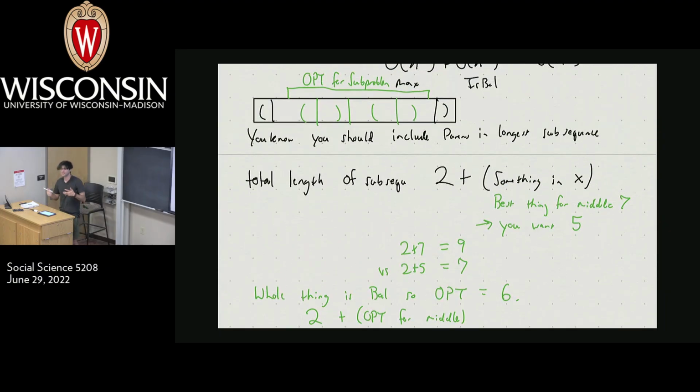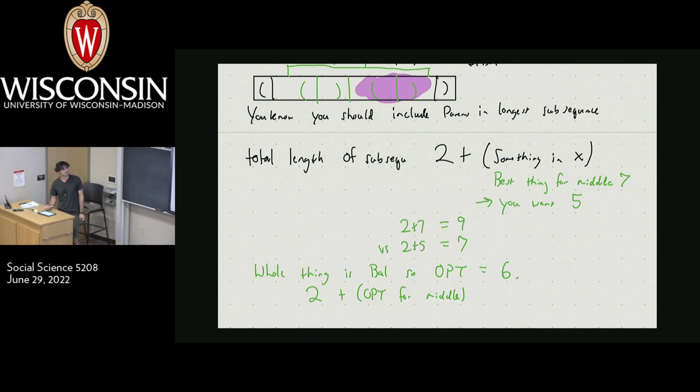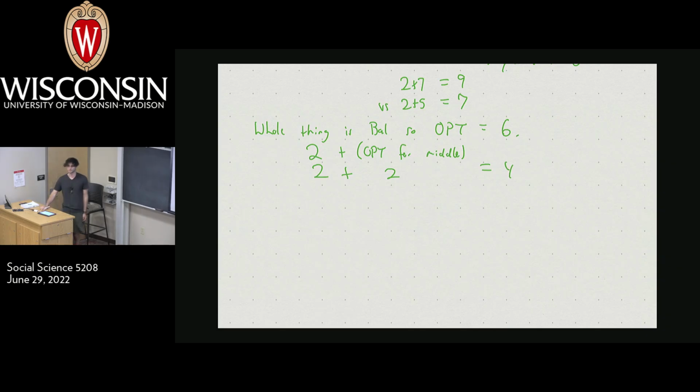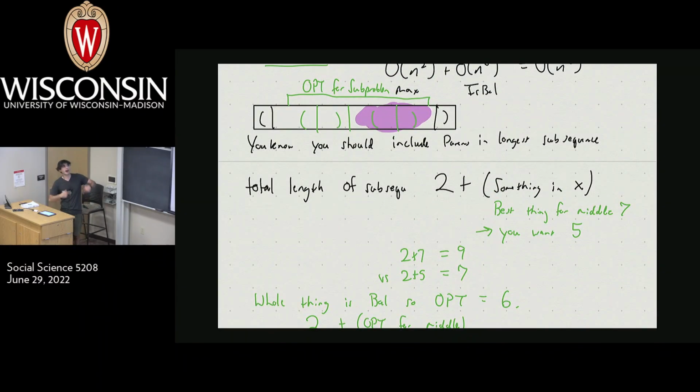Now, if instead I said, well, maybe we shouldn't do the optimal thing in the middle, let's just take these two. What's the size of your solution? Yep, so now you have 2 plus 2, which is 4 instead of 6. So it's worse. That's what optimal substructure says. You don't benefit from not taking the optimal thing in the smaller regions.